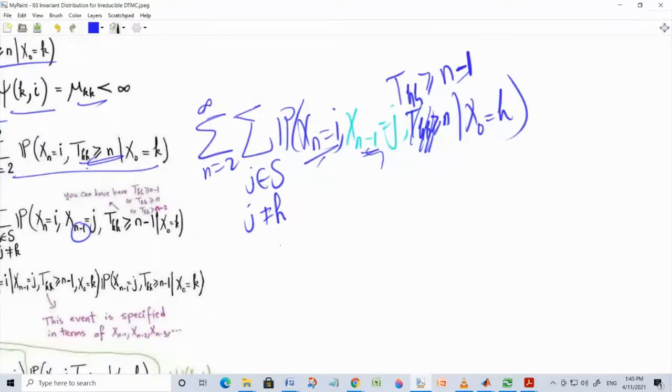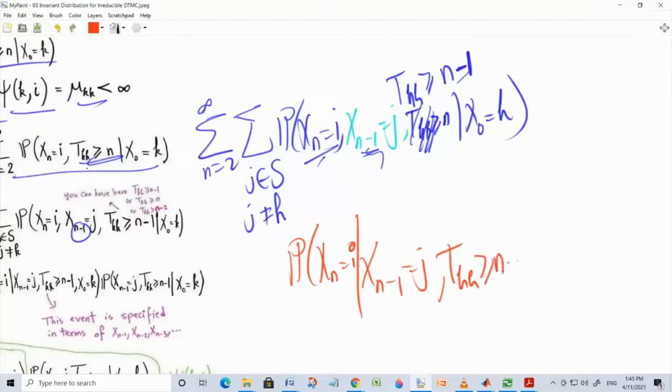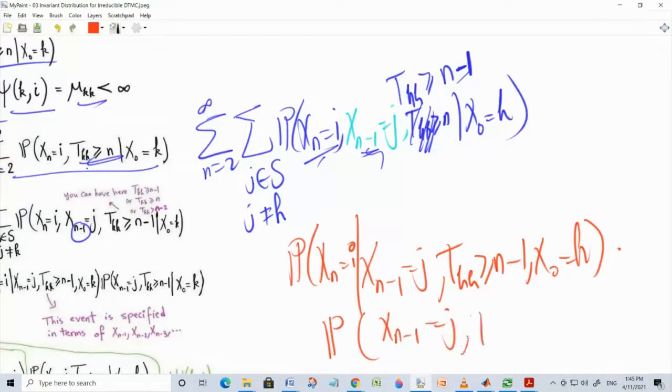Then we will apply the chain rule. I will write this as the probability that Xn is equal to i. This is very important. Now I will condition on those events: Xn minus 1 is equal to j, Tkk is greater than or equal to n minus 1, X0 is equal to k, times the probability that Xn minus 1 is equal to j and Tkk is greater than or equal to n minus 1, given X0 is equal to k.